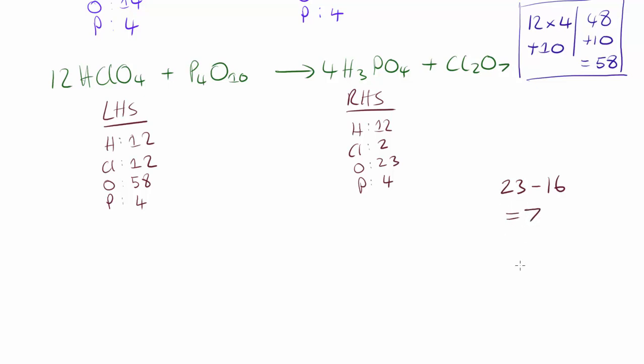So you've got a comparison of 7, no, actually wait, so 23 minus 16 is 7, and on this side you've got effectively what, 58, right?